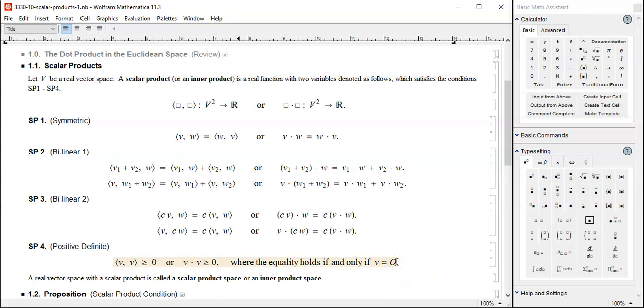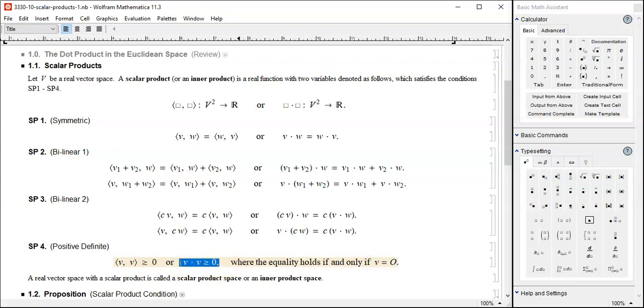Let's look at the fourth rule, the positive definiteness. The scalar product of a vector with itself is greater than or equal to 0, and equal to 0 if and only if we have a 0 vector. That's a property, but another way to write the same thing is this way.